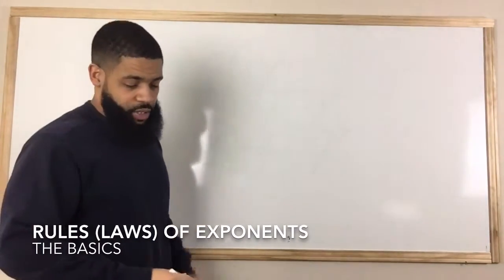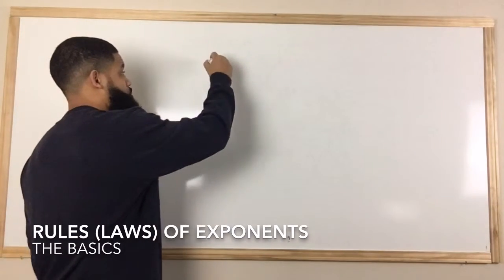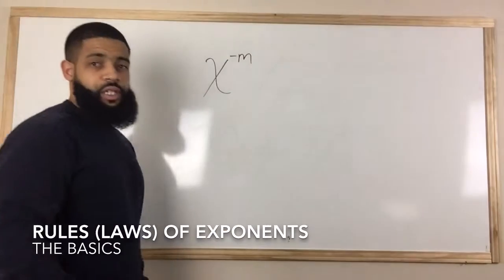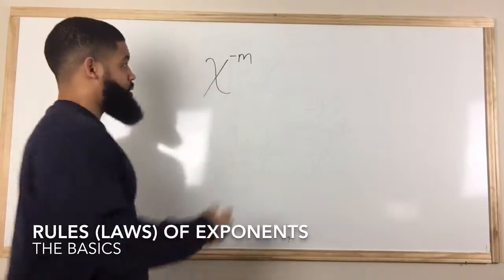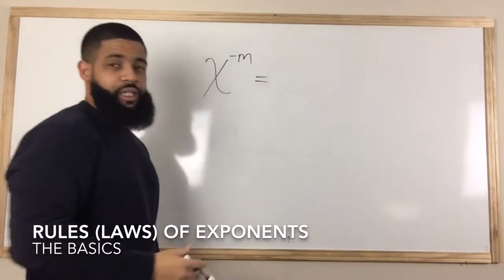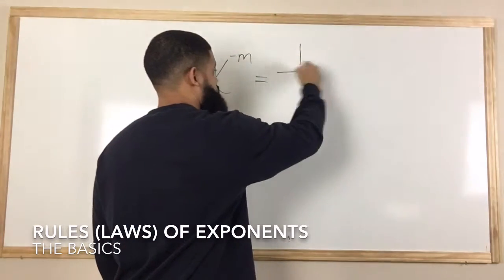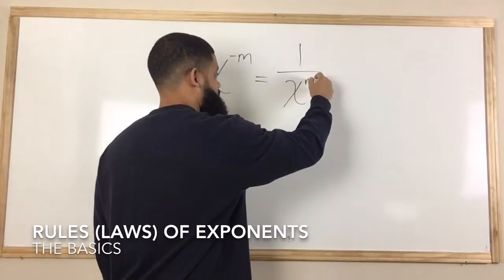So we have the negative exponent rule. So if I have x taken to the negative m power, then I simply can rewrite that as a positive exponent by making it a fraction. So I simply take 1 over x to the m power.